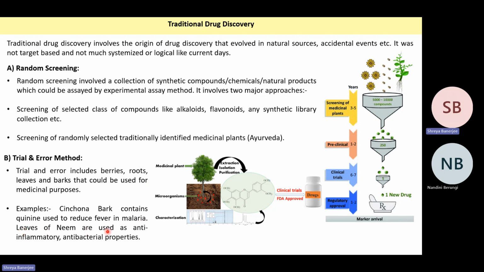And neem leaves can be used for anti-inflammatory or antibacterial properties. So how were these found? These were totally found by the trial and error method. These are all traditional drug discovery methods which have now gone out of use.